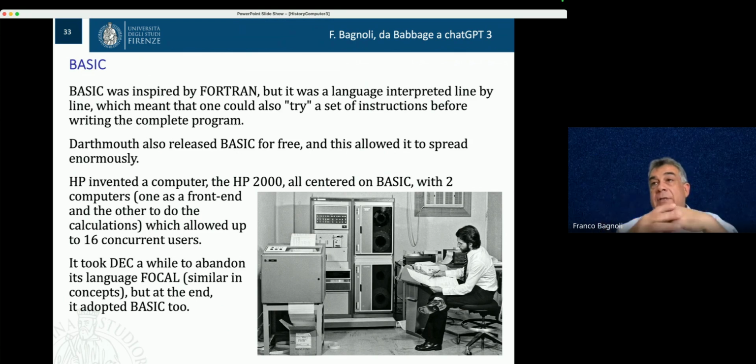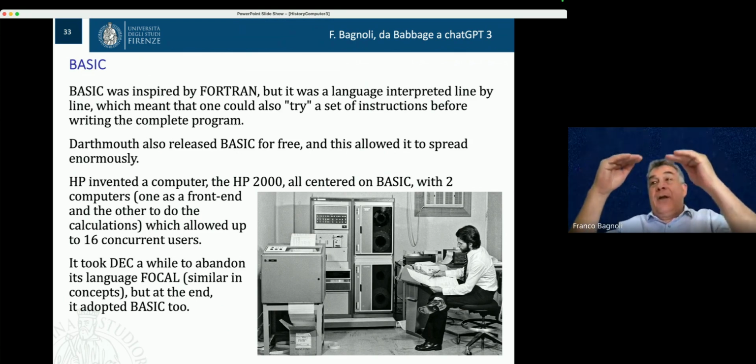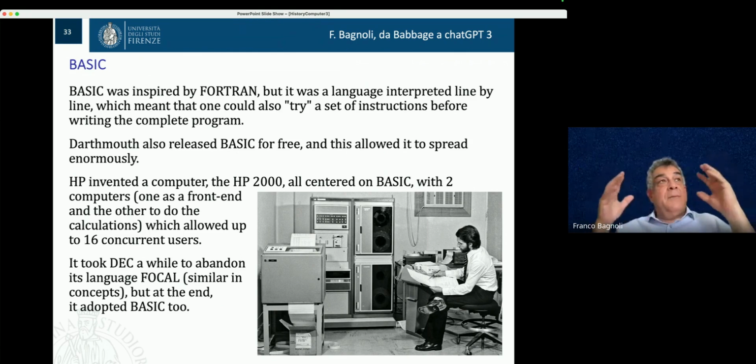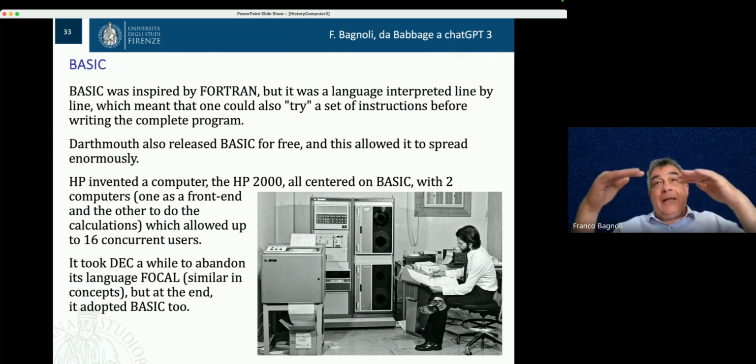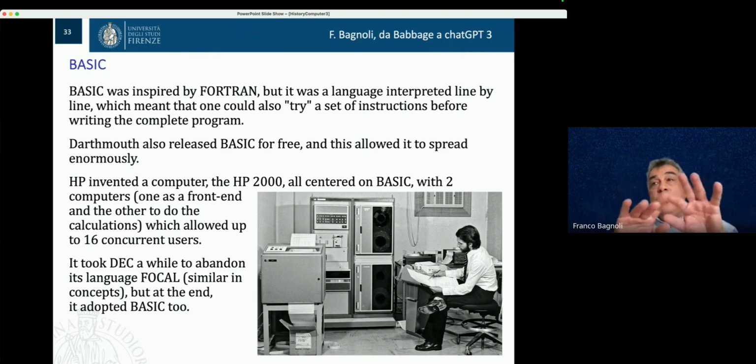I don't know if you ever programmed in BASIC, but the program is just a script of lines that you could also enter one after the other, so you can test and play, and then you assemble them into a listing in a file.